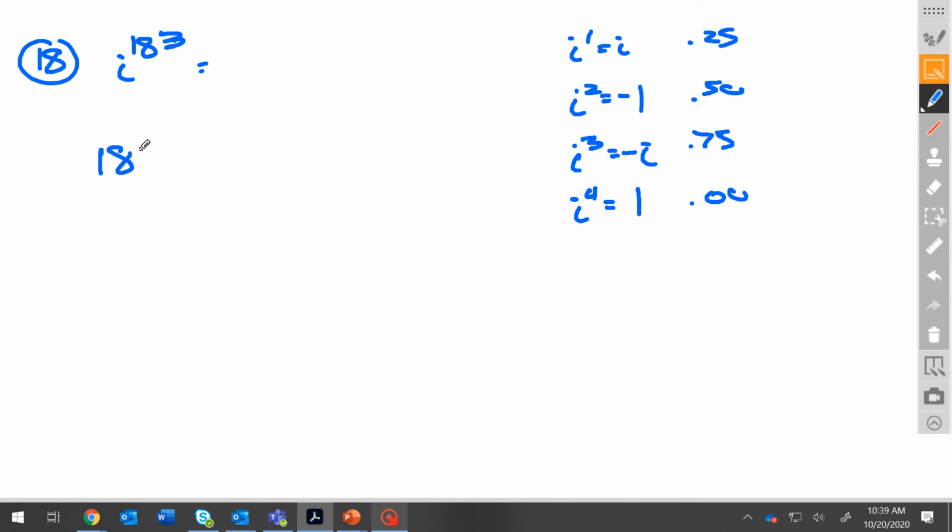So 183 divided by 4 is 45.75. The 75 tells me that it'd be a remainder 3, so right here reduces to negative i.